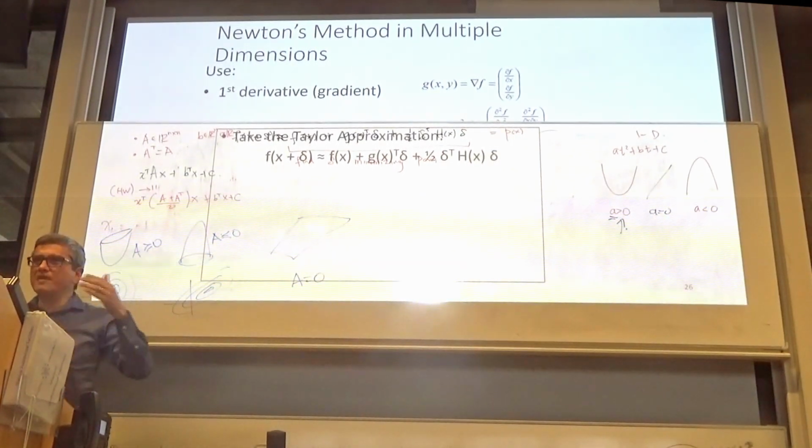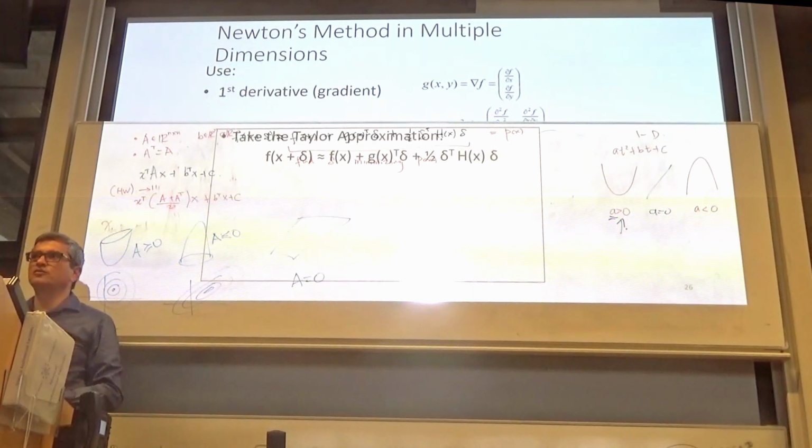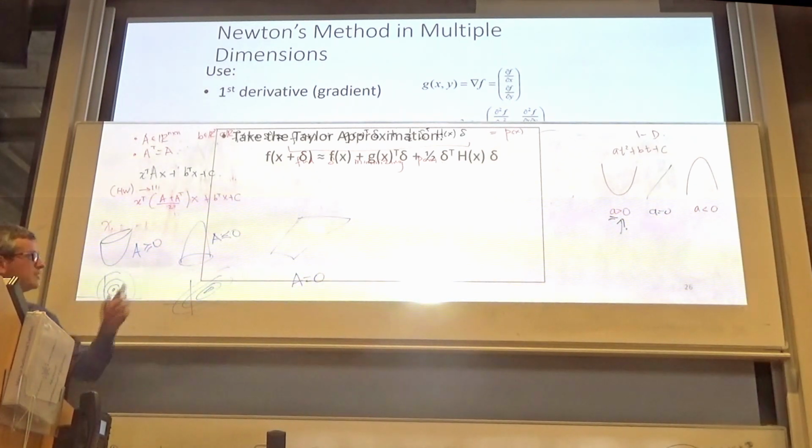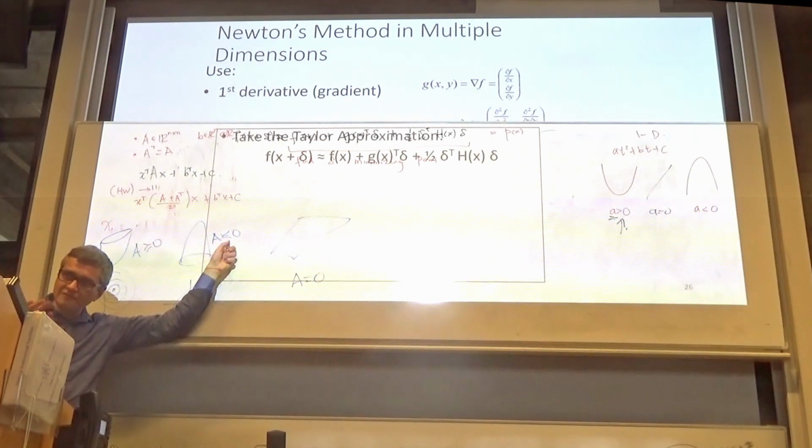Now, do all matrices have to be either positive definite, negative definite, or 0? We're going to recap this in some lectures, but positive definite means all eigenvalues are greater or equal than 0. Negative definite means all eigenvalues are less or equal than 0.